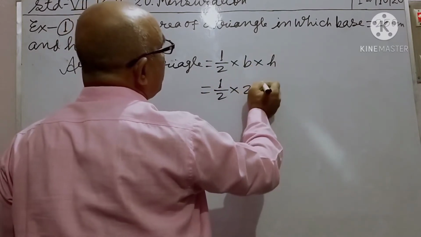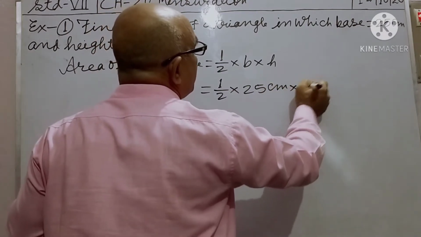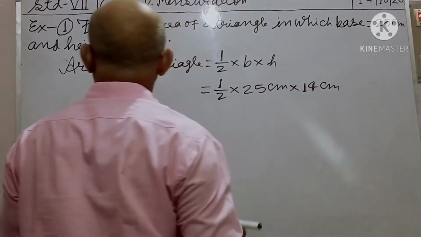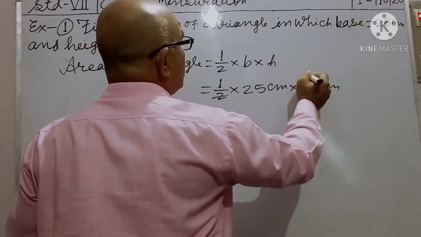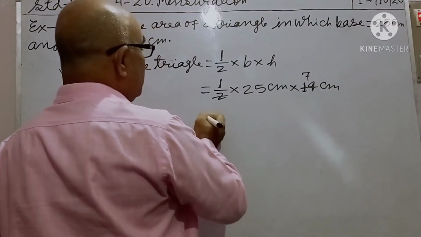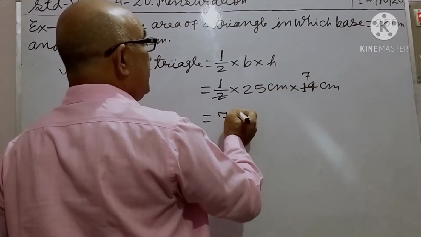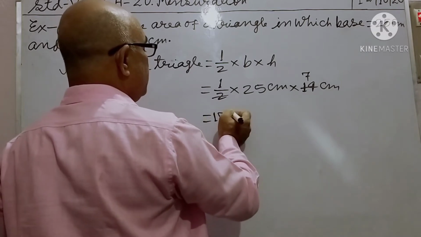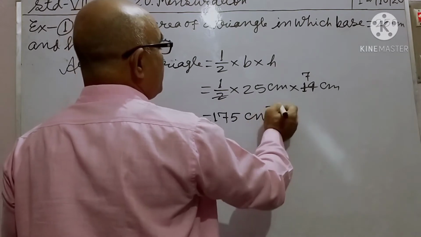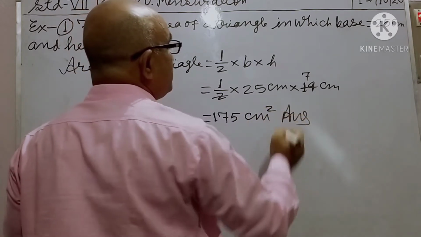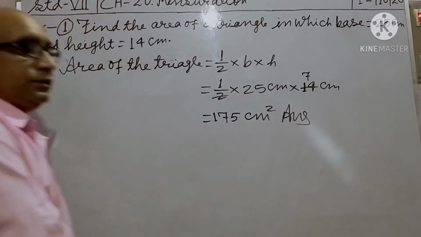Base is 25 cm into height is 14 cm. 14 divided by 2, 7. 7 into 25, 175 cm square. Answer of this question. Students, understand and write it.